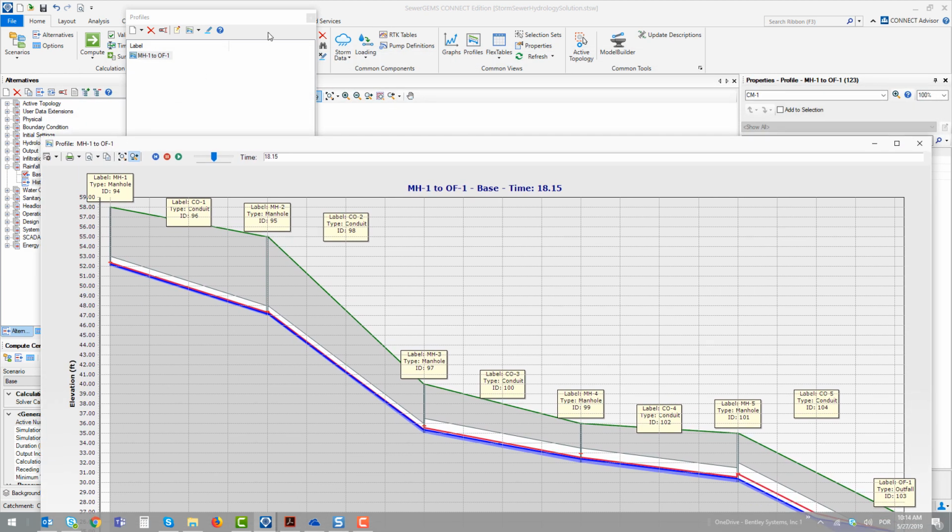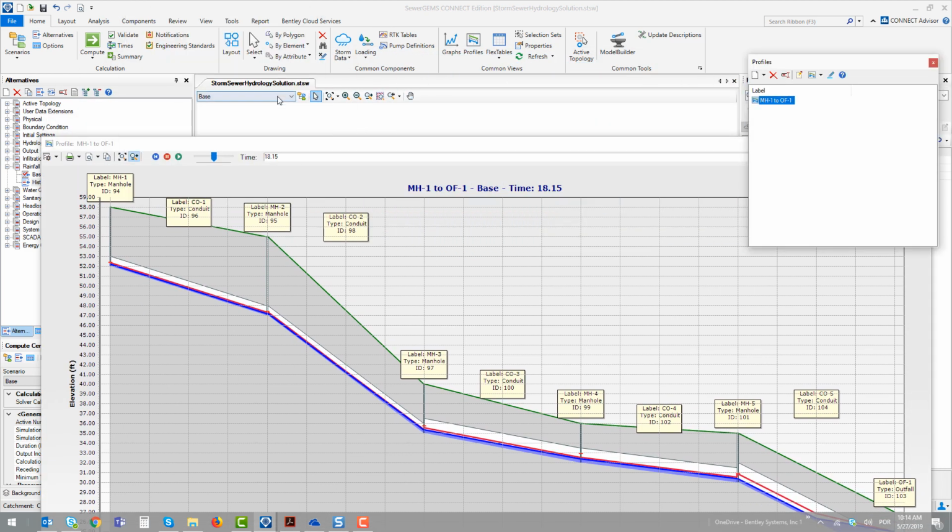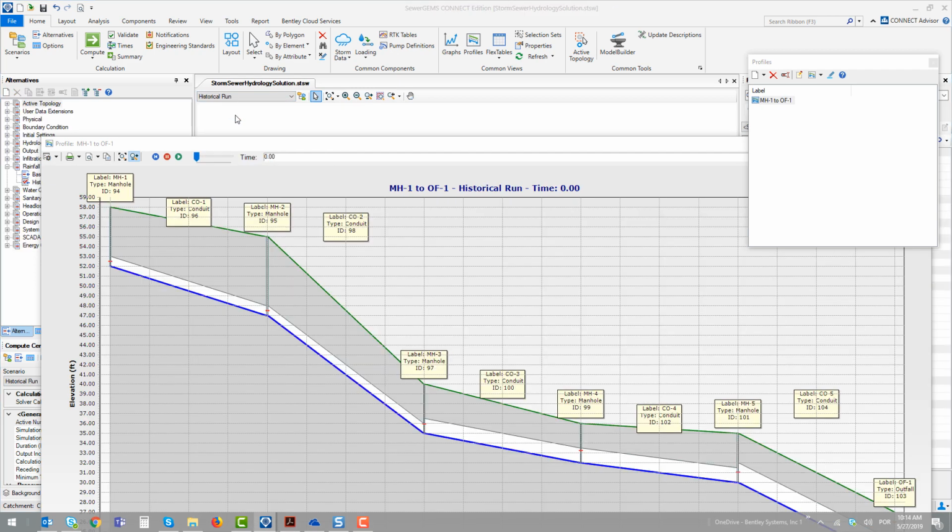If we keep the first scenario opened, we can just switch to the second scenario, and we can see that manhole number 4 is a candidate to be flooded.